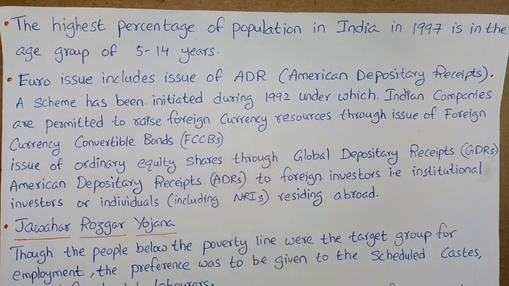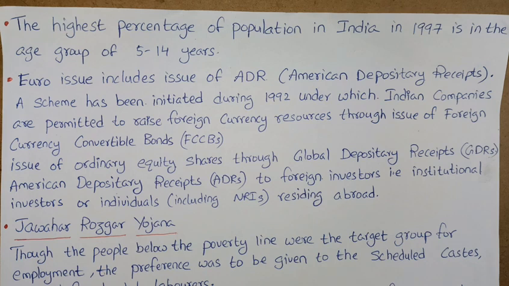So here we have to understand our financial reforms took place, or we can say that new economic policy was adopted in 1991. As part of this, in 1992, our citizens are permitted to participate in Indian companies.